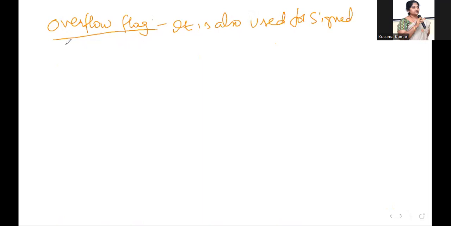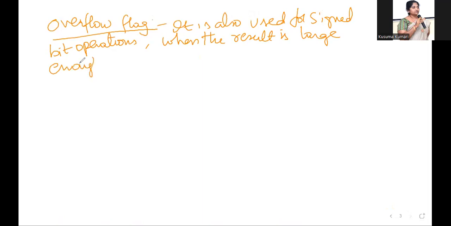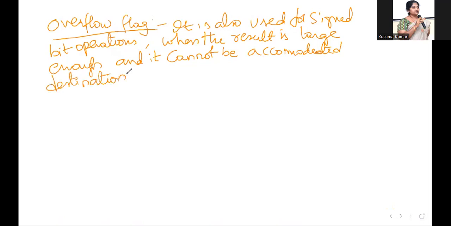When the result is large enough and it cannot be accommodated in the destination register, then the overflow flag is set to 1.